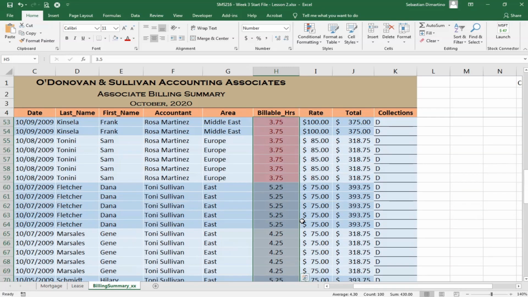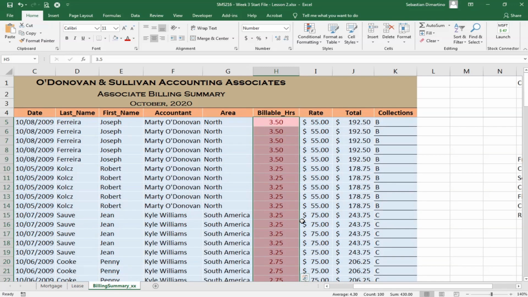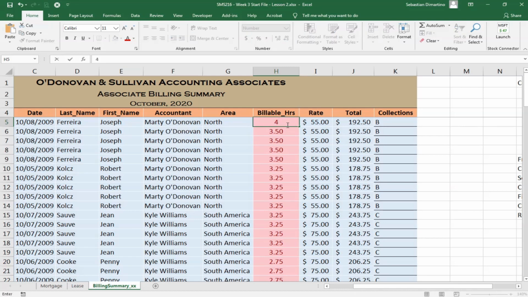Here's the really amazing thing, and I'm going to show you when I scroll up to the top. Row 5, if I go to the billable hours here, which is H5, and I change that and say, oh no, it was 4 hours, the conditional formatting disappears, which is quite incredible.